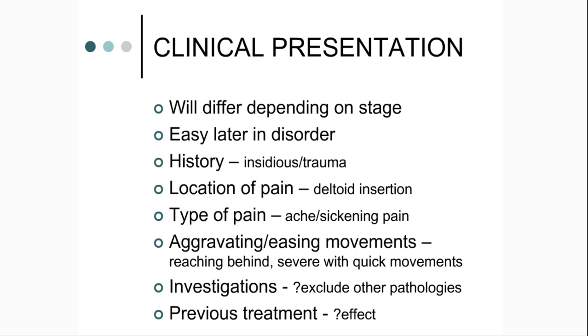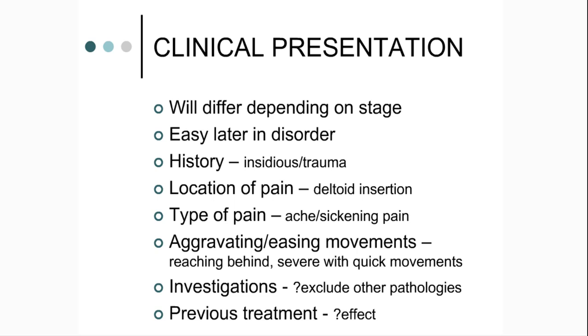A lot of these people that we see have had subacromial cortisone injections with little or no benefit usually, and they have undergone a series of strengthening exercises for their tendons and got progressively worse. I think that's just because the natural history of frozen shoulder is rumbling along. Also, in my experience, if I give strengthening exercises to someone with a frozen shoulder, they do get worse as well.